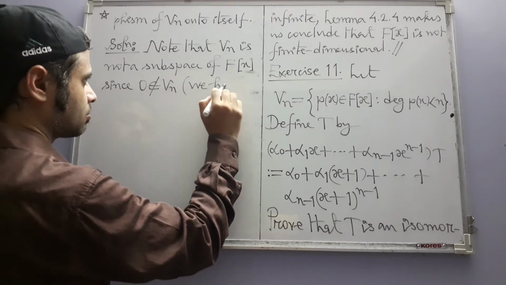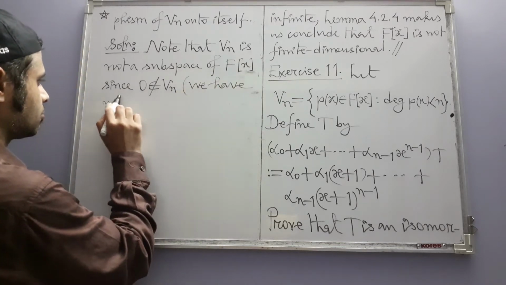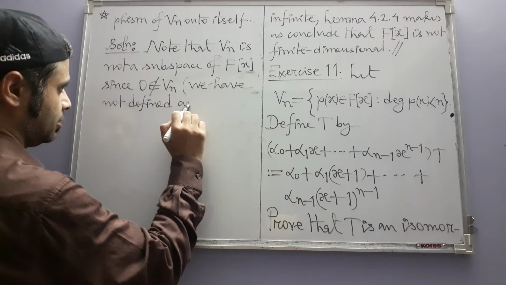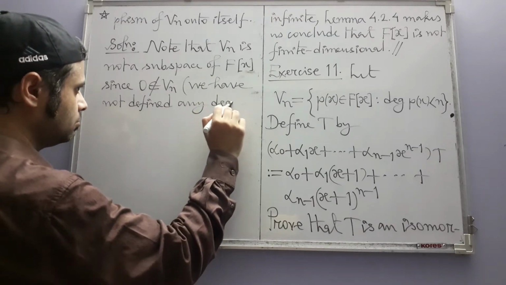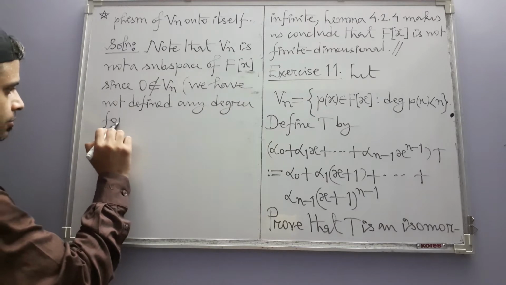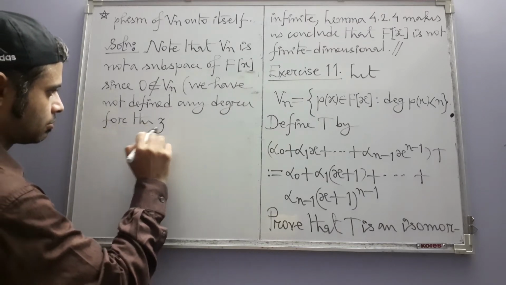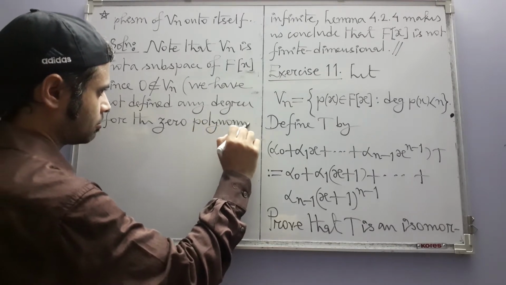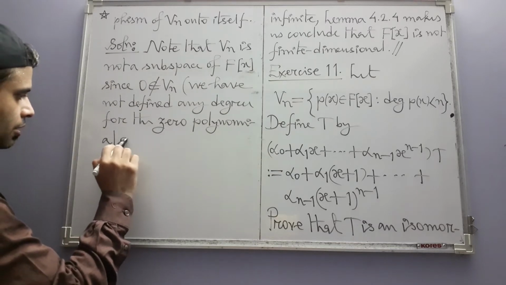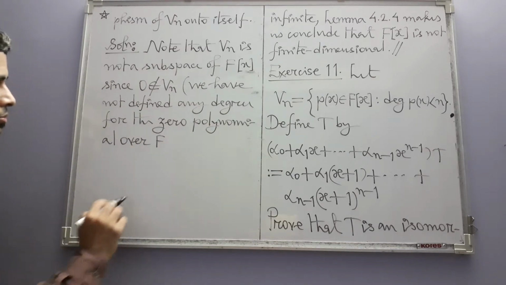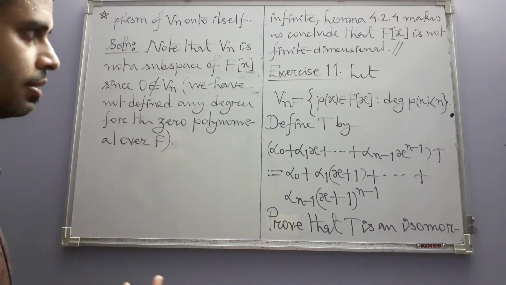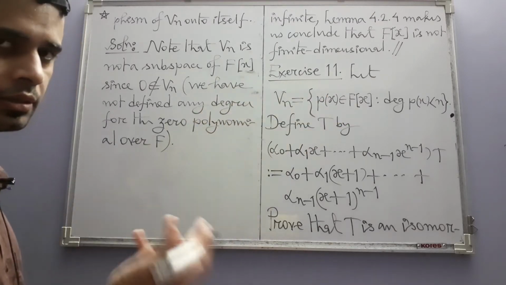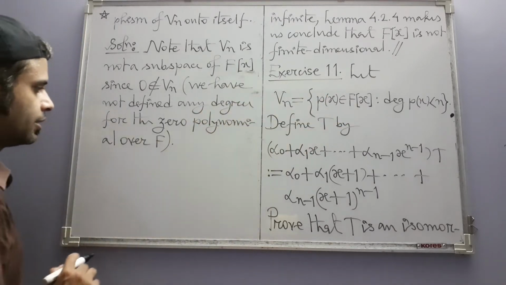We have not defined any degree for the zero polynomial over F. If one actually defines it, then there is no problem. With that extended degree definition, this will then again become a subspace, but we don't have that now.